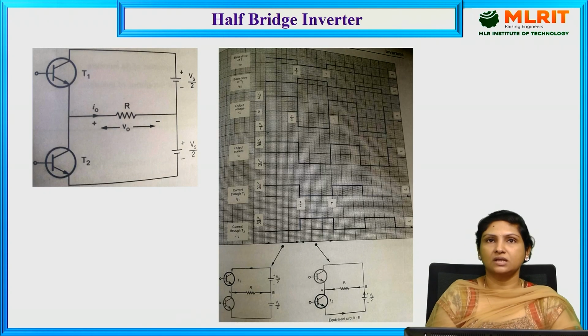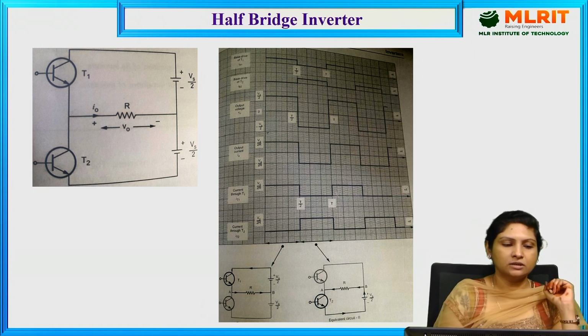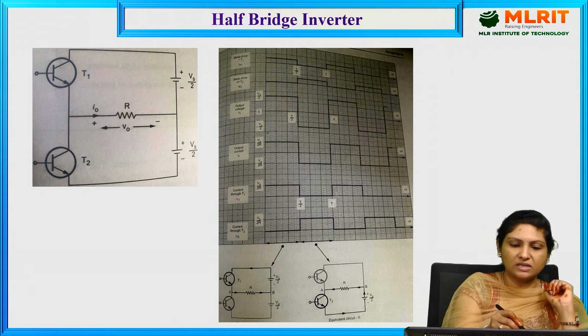And firstly, let us discuss the half bridge inverter. The half bridge inverter consists of two transistors basically. And here, the moment we provide the base drive, see, this is the base drive for transistor T1, and this is the base drive for transistor T2.